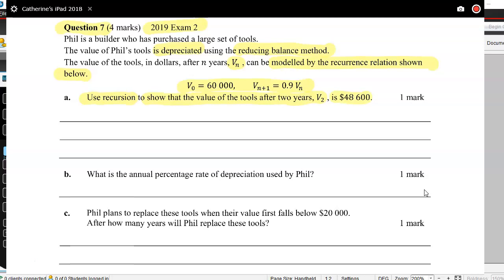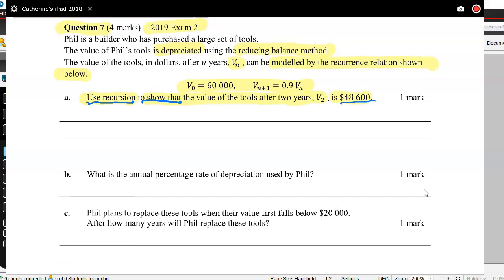Now, an important thing to note here is that this is a show that question. They know it's $48,600. They're interested in you showing the calculations. Also, they've specified to use recursion. So if you're using a rule, you're not going to get the marks. You have to use recursion.